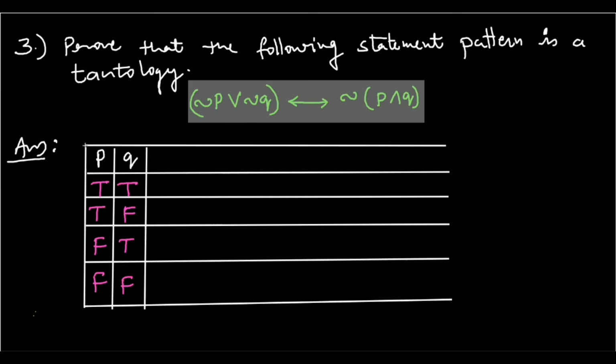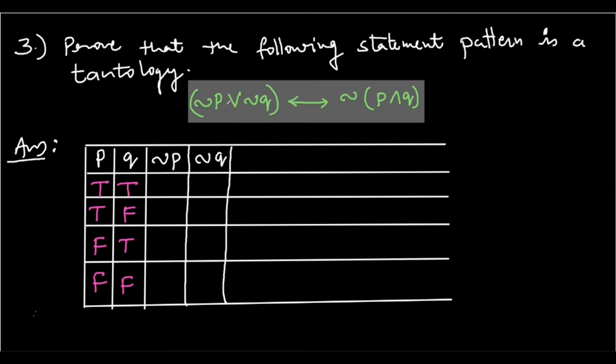Then as I told you, I will go for the negations. So here, P and Q are done. Now I go for negation P, one column. Then I will also go for negation Q, another column. See, I'm moving from left to right.